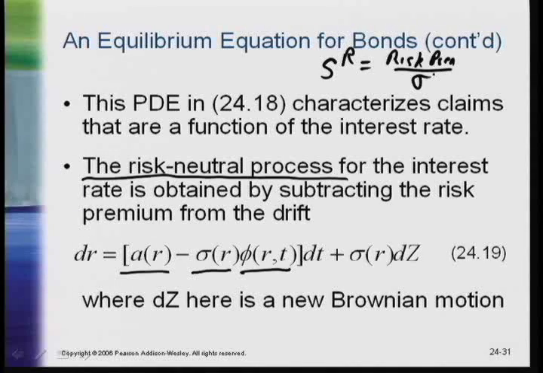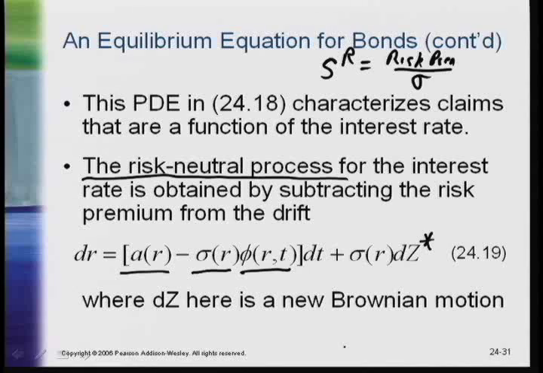As usual, there's a little bit of a trick here. This is technically a different dZ than I started with, because the only legitimate way I can subtract this drift term here is I need to move it into the dZ term and then use Girsanov's theorem that says I can change the probabilities there, and by changing the probabilities I get back to an original Brownian motion. There are a few steps here that we've consolidated.